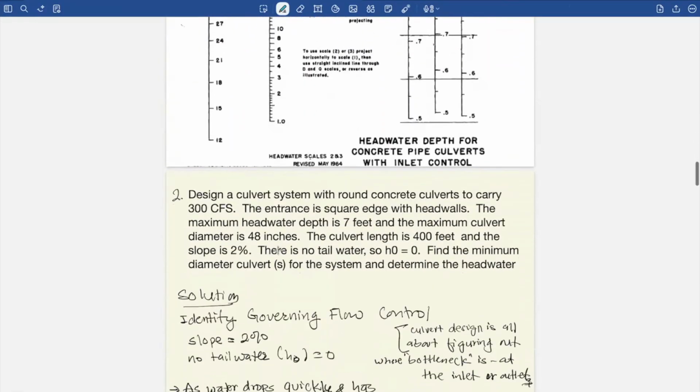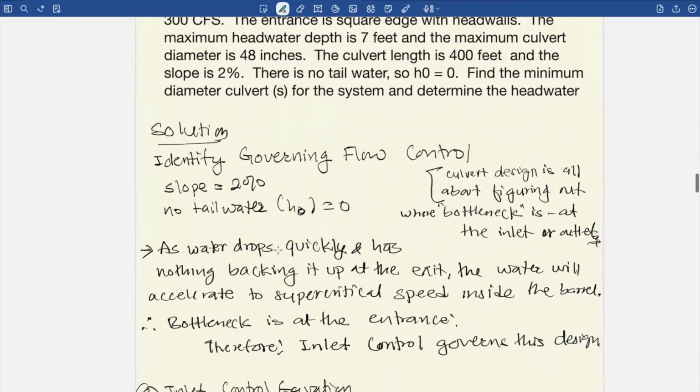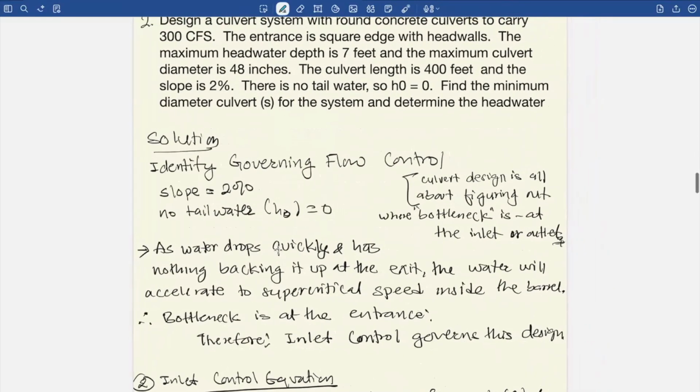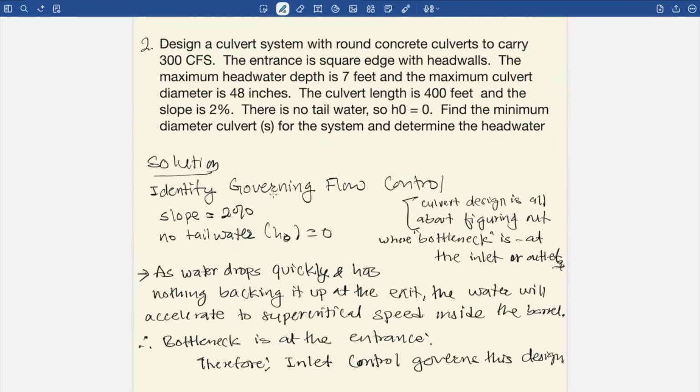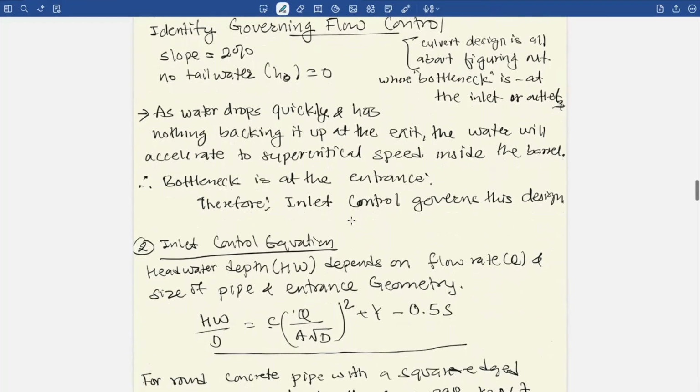And now let us go through the second step, which I already talked about, the governing equation. It is the inlet governing equation, and we will have this equation. It is from the Federal Highway Administration engineers.